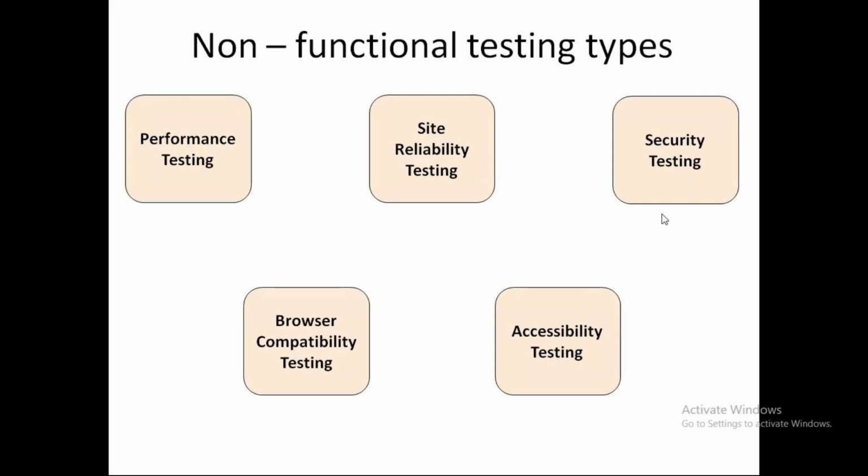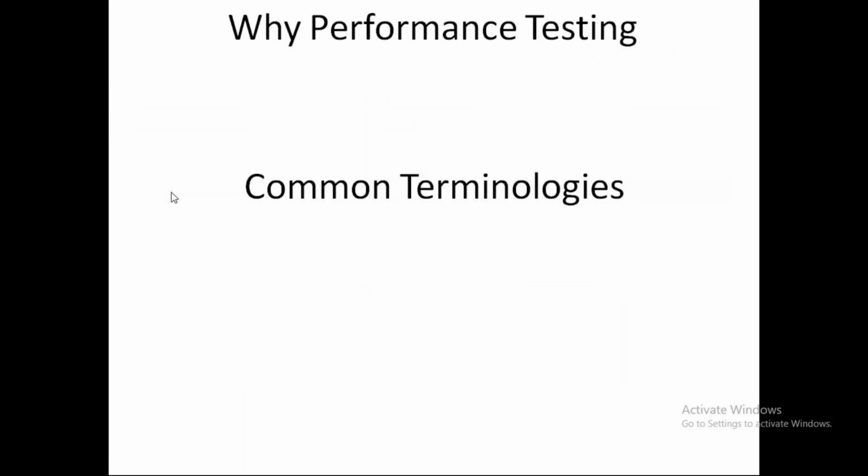Okay. Do not think that when we say non-functional testing, we will only refer to performance testing. It is not like that. So whenever we are going to get the non-functional requirements, you might get the requirements based on different types of testing. However, as part of this training, we are going to cover performance testing.